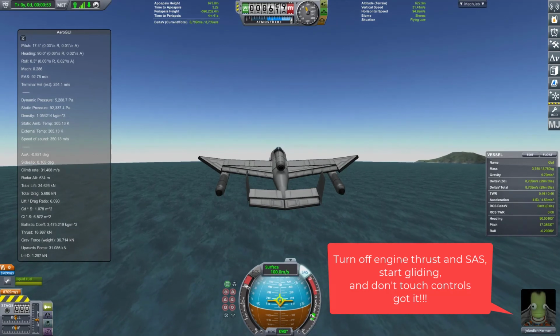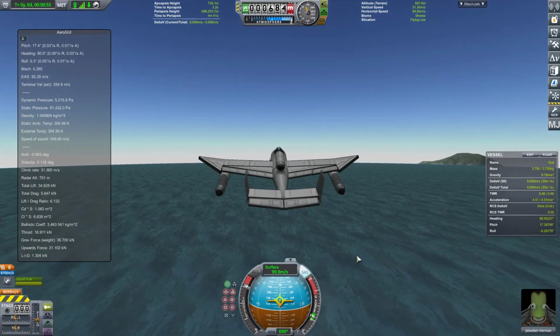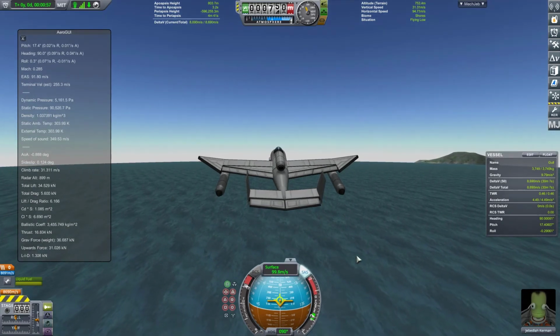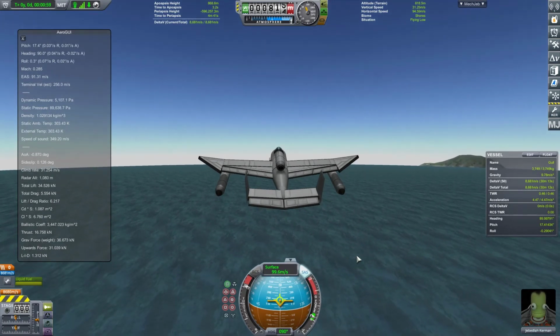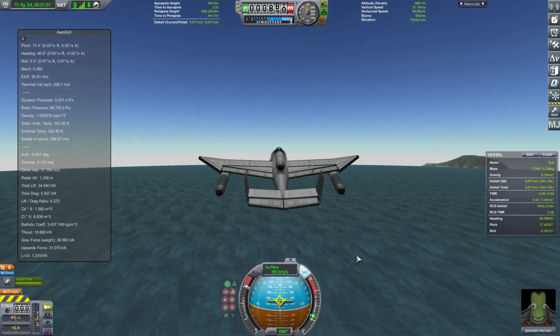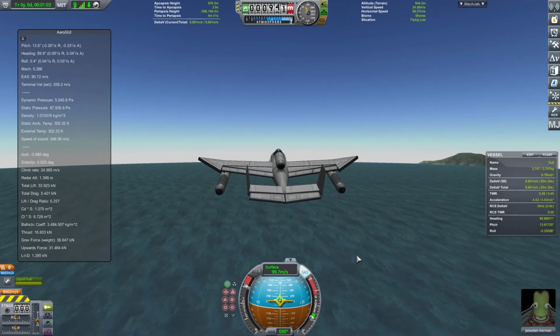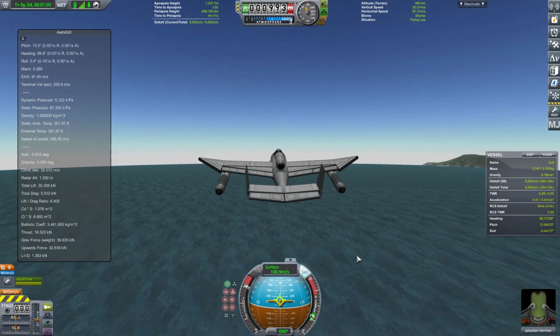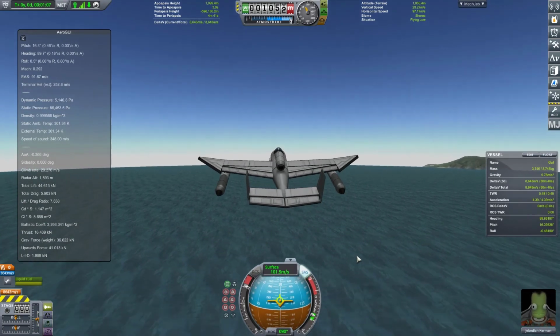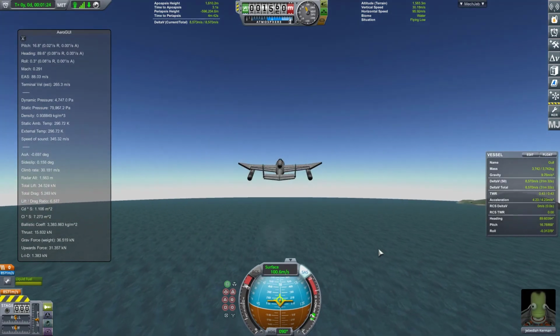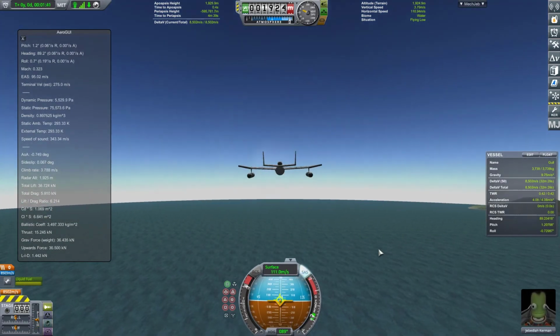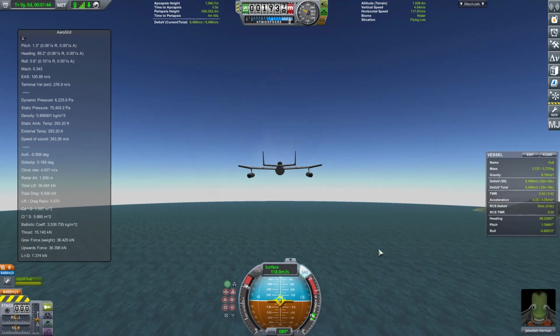So I'm just waiting to gain enough altitude and speed to give this a try. I'm shooting for an altitude of about 2,000 meters and around 150 meters per second. So here I'm just leveling off.